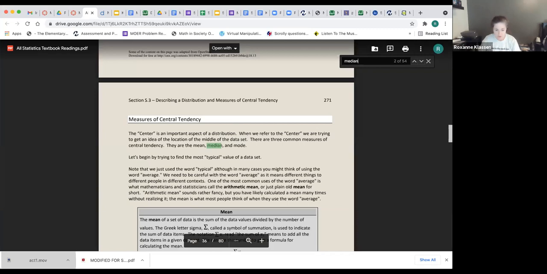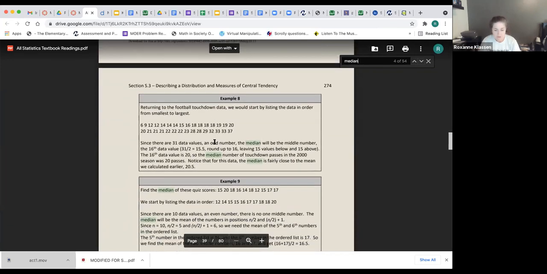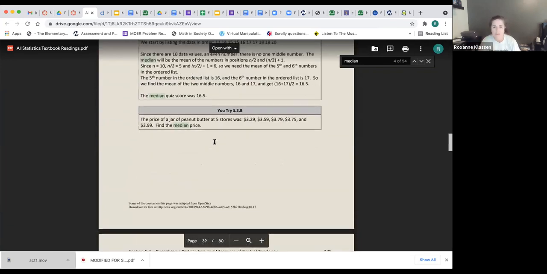And here it is: mean, median, and mode. Here are the definitions and some examples. You can use this as a reference. If you quote any of the definitions, you should cite this textbook.